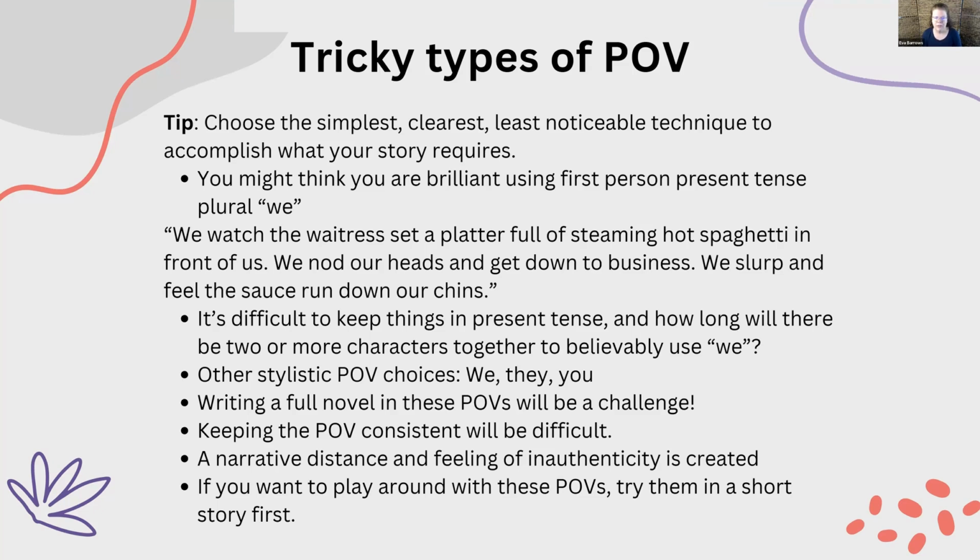A narrative distance and feeling of inauthenticity is created. If you want to play around with these different types of point of view, you can try them in a short story first, and you can probably get your point across in a short manner instead of trying to get a full novel done.